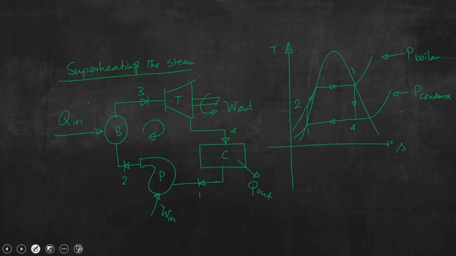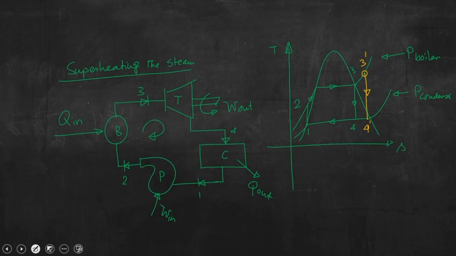Today, we shall discuss that if we allow steam to be superheated beyond point 3, say we are allowing steam to be superheated beyond point 3, this is point 3 prime and this point is 4 prime.